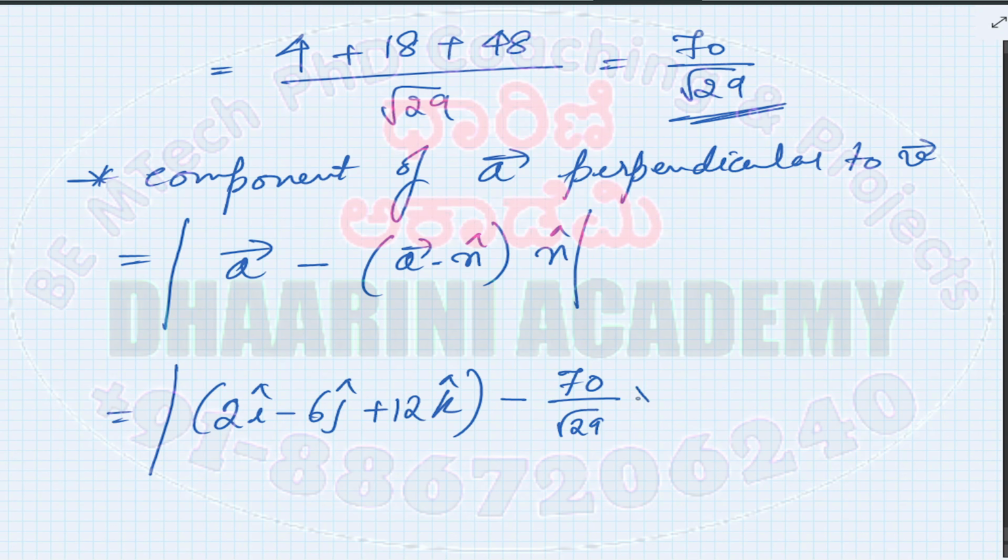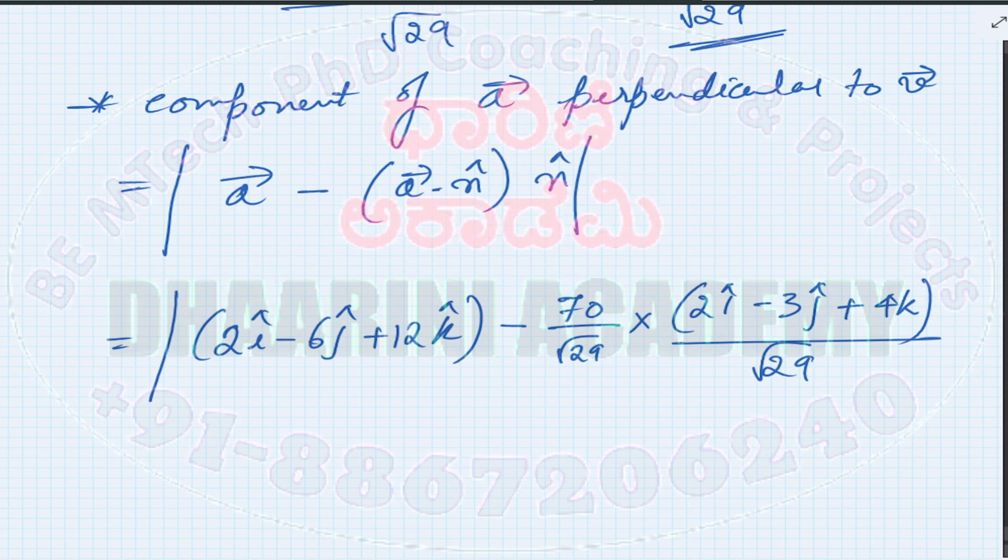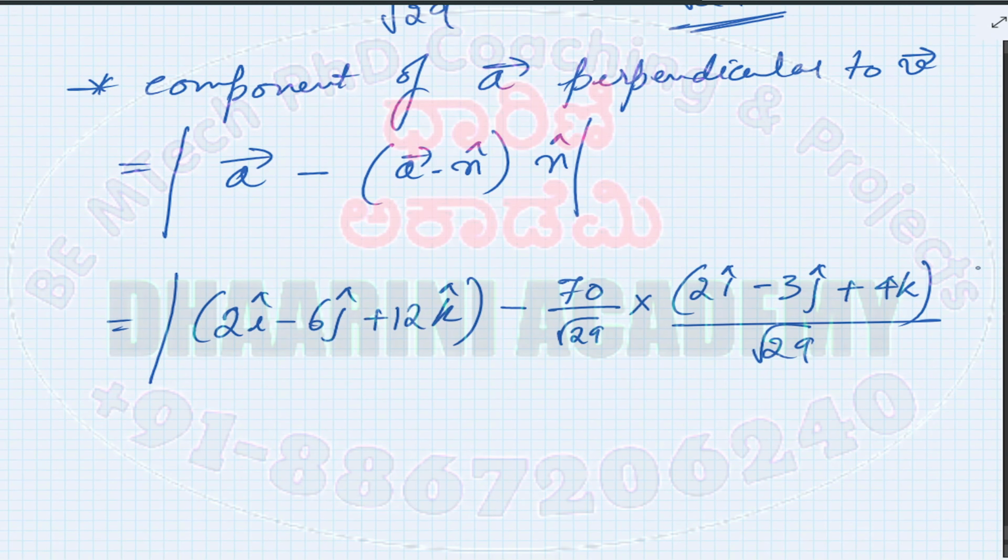So n cap is 2i minus 3j plus 4k, whole divided by root of 29. Its magnitude is what I want to calculate now.